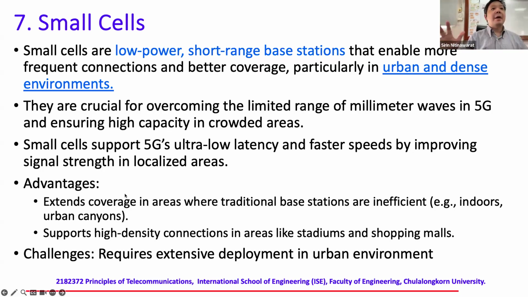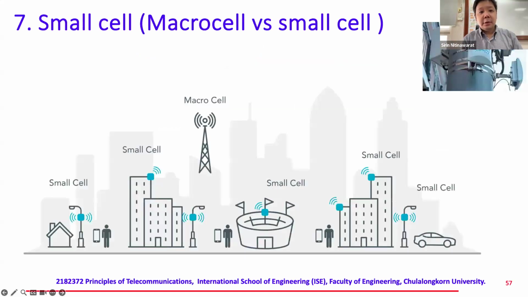So if you have one macro cell, it's one macro cell for a very large area. If you talk about small cells, okay, in a macro cell, you need to deploy many of them. So the picture will be like this. You have a macro cell covering the entire area, okay? But depending on the requirements, right, for a very specific area that requires a lot of capacity, you can deploy smaller cells accordingly, right?